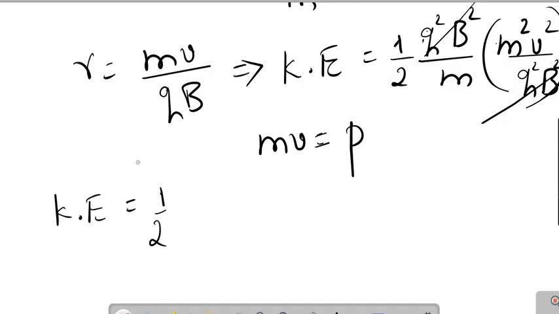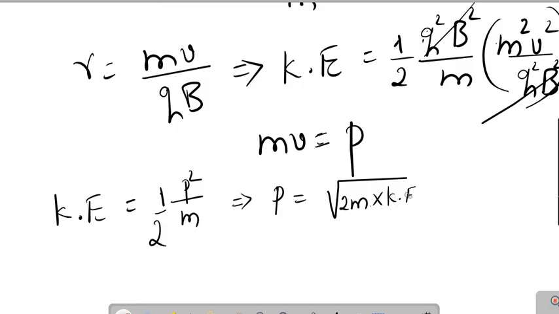Okay, so what you will get? That is p square divided by m. Or you will get p is equal to root of 2m into kinetic energy. Is it or not?